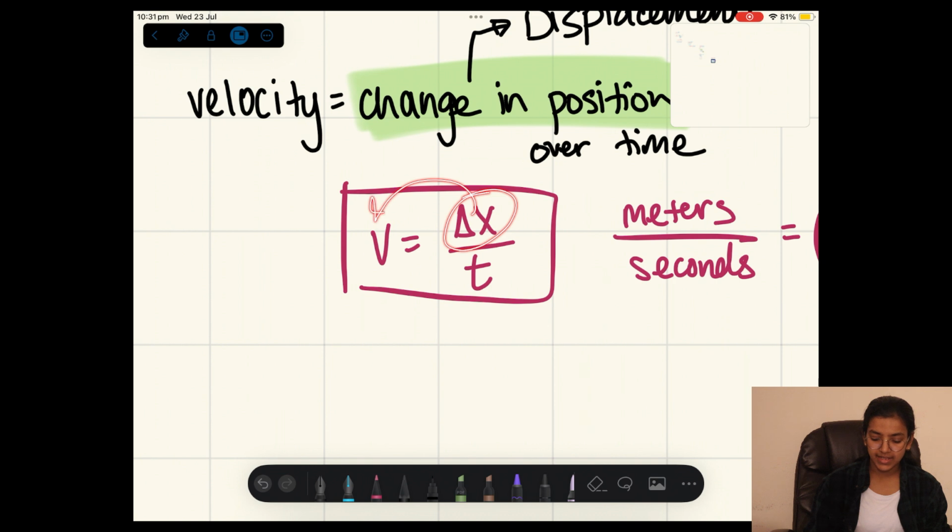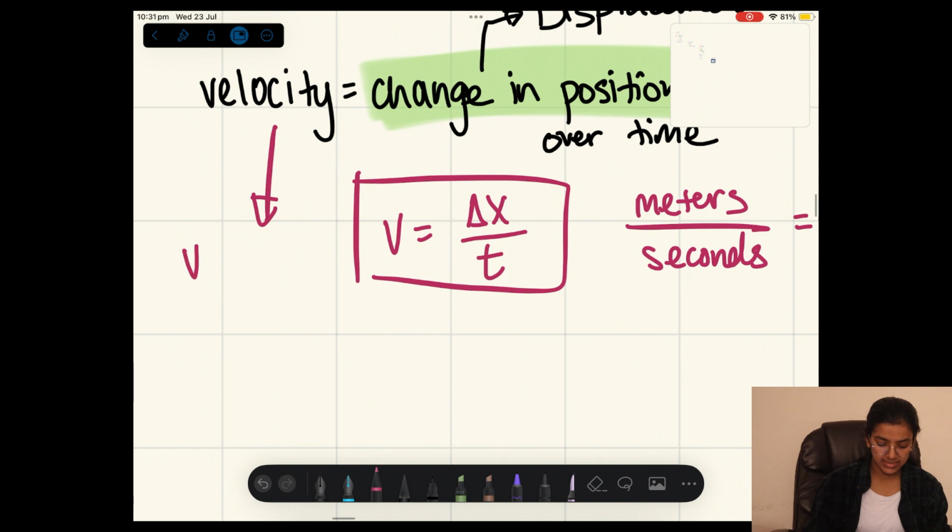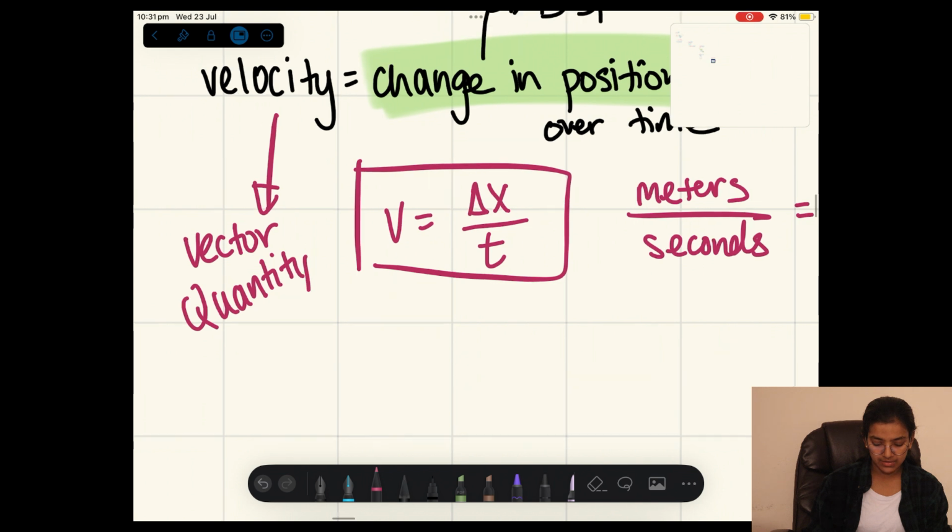So it is directly influencing the velocity because it's in the numerator, right? So it has a direct effect on the velocity. Therefore, velocity also has magnitude and it also has direction. So what does that mean? That means that velocity is a vector quantity because it has both magnitude and direction.